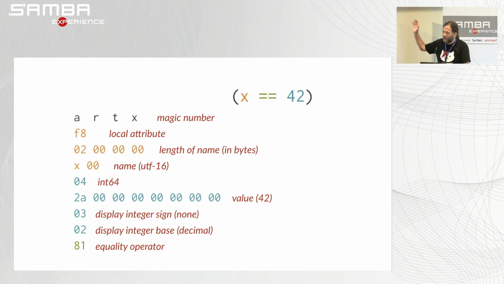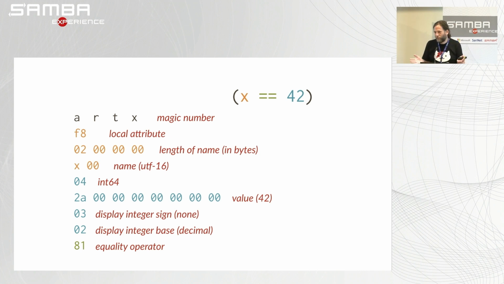I don't know how it works if you've got a negative sign here and actually a positive value. And that's saying that it should be displayed as base 10. Like if you had a different number in this thing, it would be displayed as hex when it was turned back into SDDL.